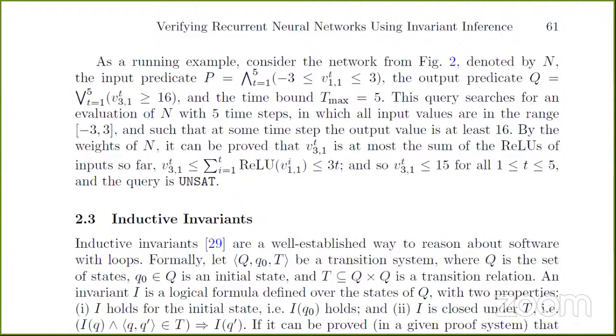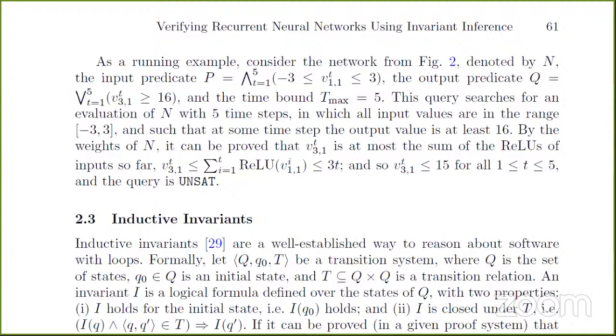Okay, and what will this verification query do? It will search for some evaluation of n with 5 time steps in which all the input values are in this range, such that the output value at some time step is greater than or equal to 16.